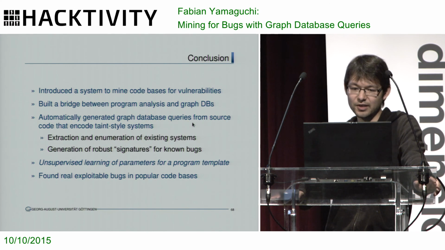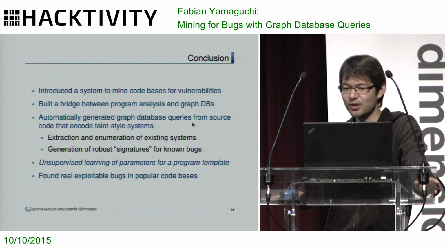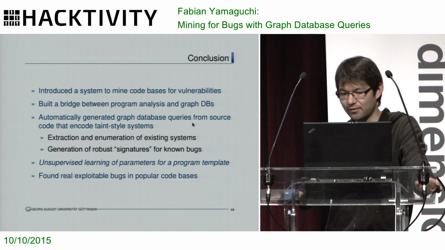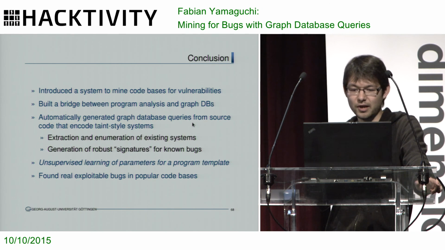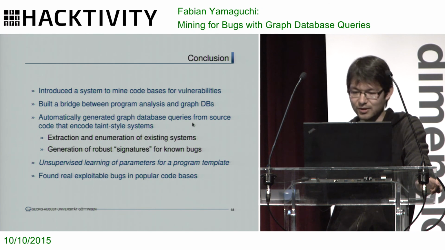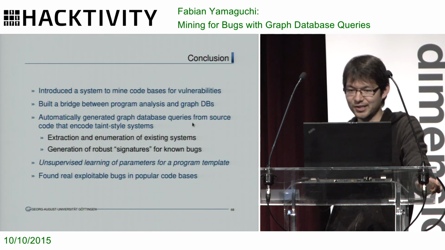On the one hand, this tells you what you could look for. On the other, it gives you robust signatures for known bugs that you have. We found real bugs using this, so it kind of works. That's all I can say. Okay, thank you.